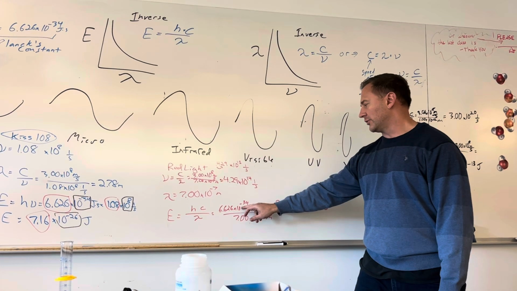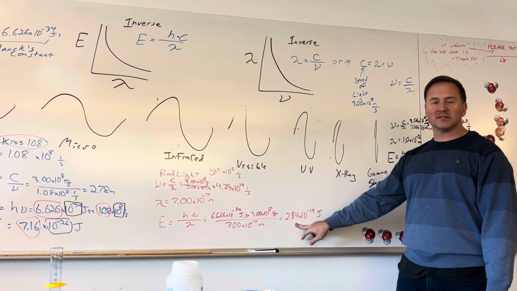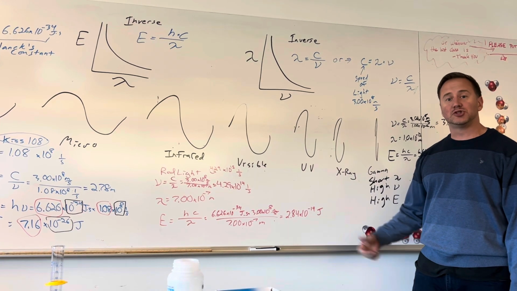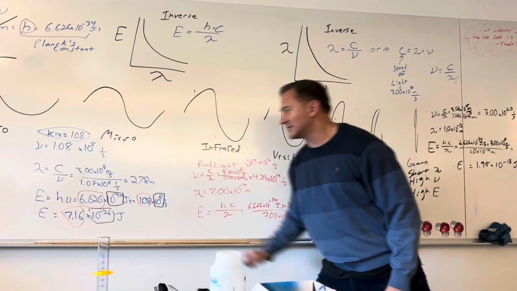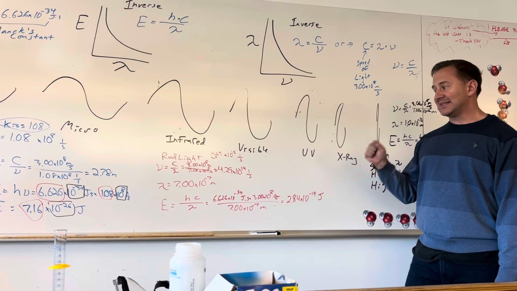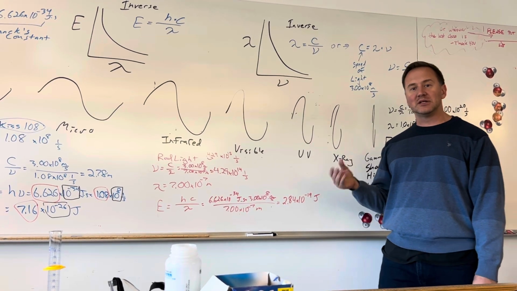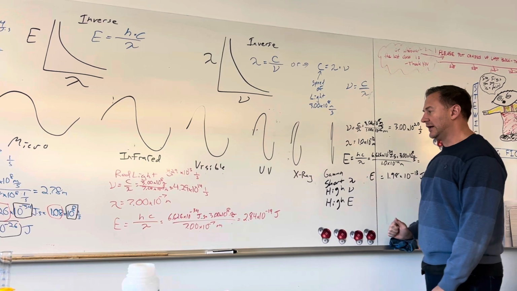Plugging in our values for Planck's constant, the speed of light, and dividing that by the wavelength, we'd see that this has an energy of 2.84 times 10 to the negative 19th joules per photon, which is, comparing these two things, 10 to the 7th times more energy per photon. So we're talking 10 million times more energy per photon when you're comparing visible to radio light.